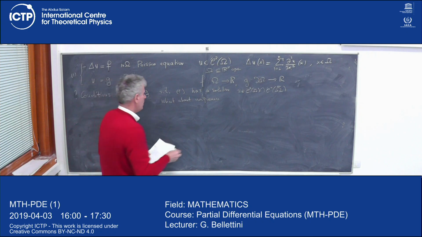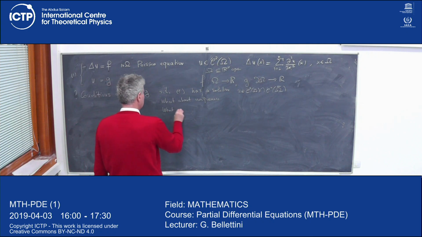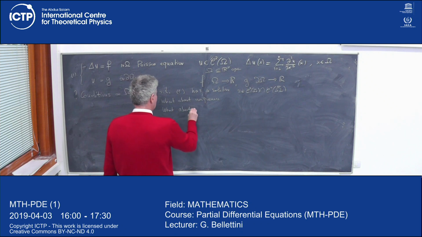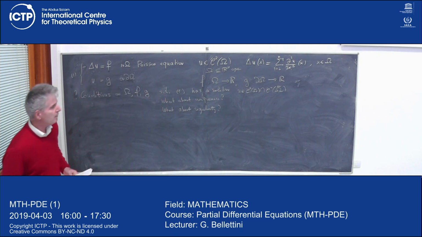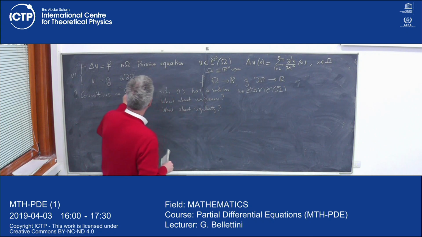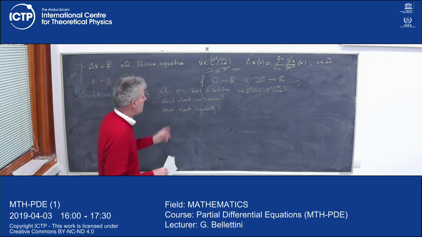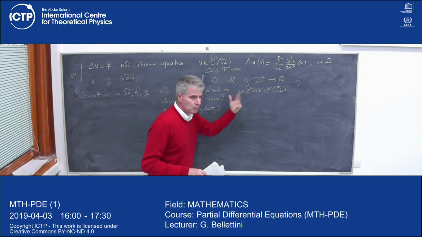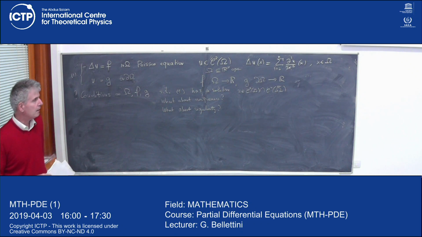And then the most difficult usually is: what about regularity? Regularity meaning that maybe if f is C infinity, the solution is more than C2, maybe C infinity. This is the typical kind of problem.